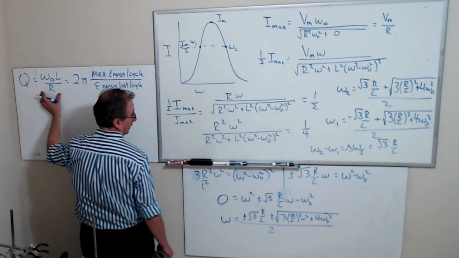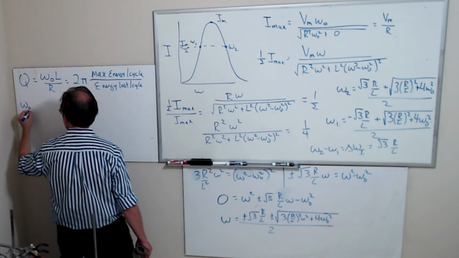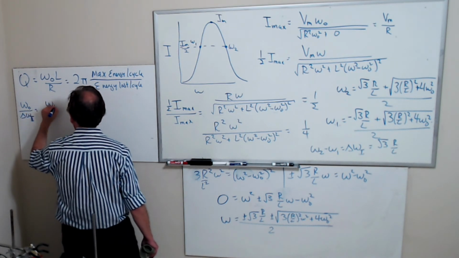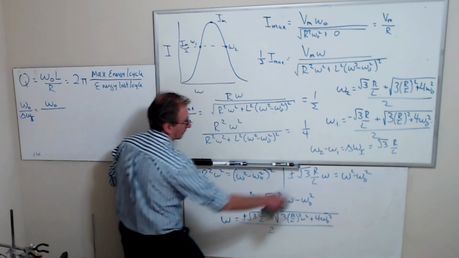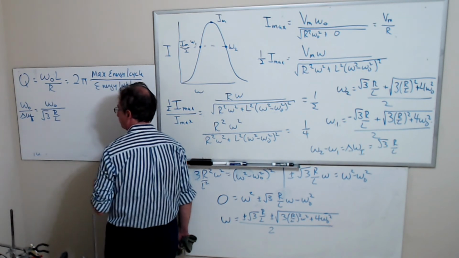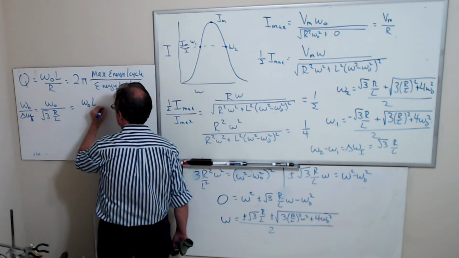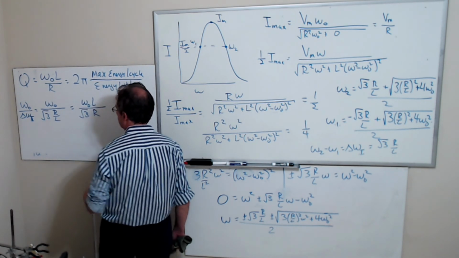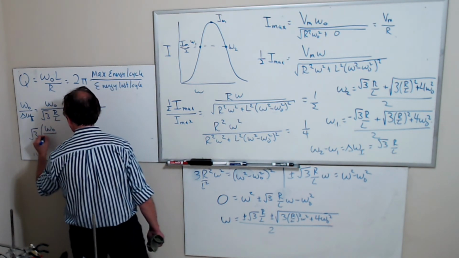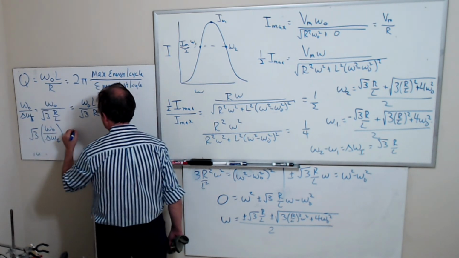So that's where this comes from. So I want to take omega naught over delta omega sub I, which is going to be omega naught over this expression. And this is going to give me omega naught L over the square root of 3 times R. So if I take the square root of 3 times omega naught over delta omega sub I, that's going to give me Q.